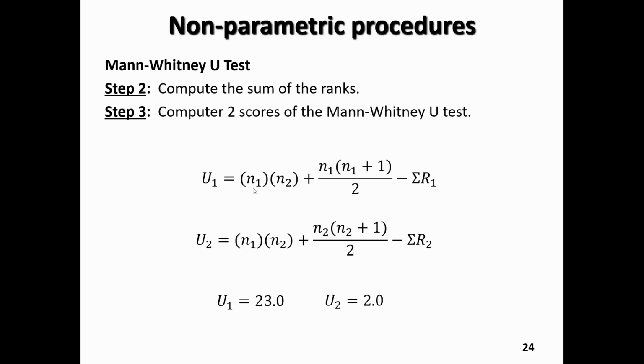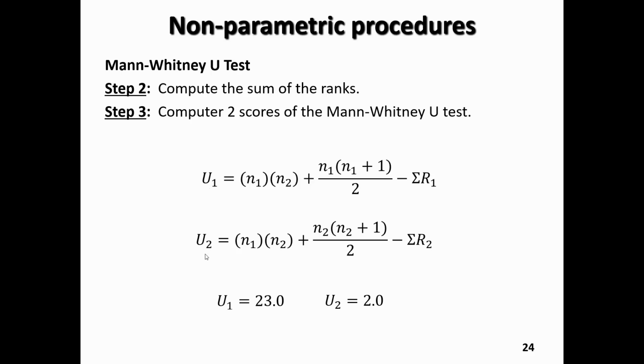We take the sample size of the first group, which is 5, and the sample size of the second group, which is 5: 5 times (5 plus 1), which is 6, divided by 2. We add that to the product of the two sample sizes, which is 25, and subtract the sum of the ranks from the bottom right-hand column of the table on slide number 23. That is the test statistic for the first group.